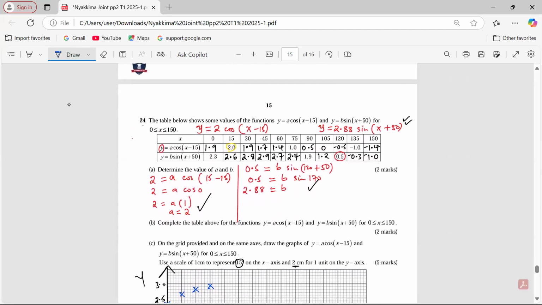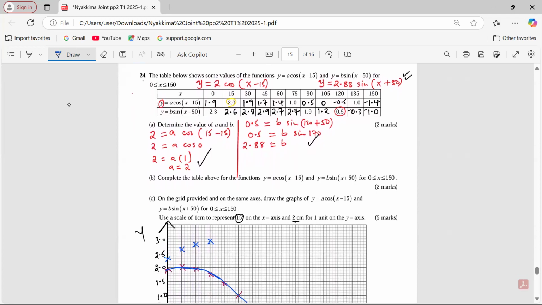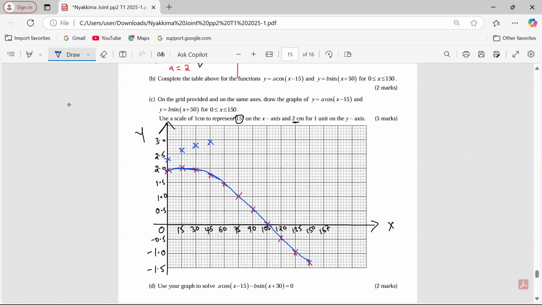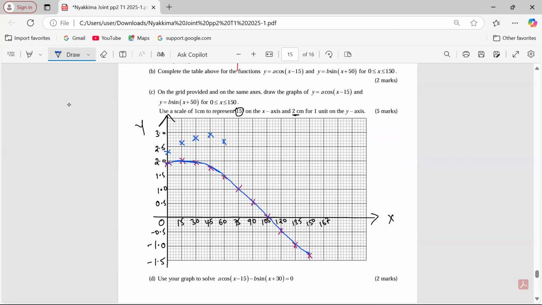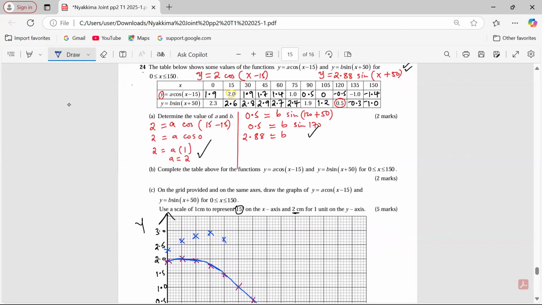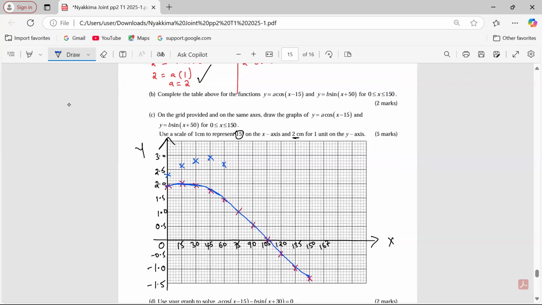Then at 60, we are talking about 2.7, at a point like that one. Then at 75, 2.4.